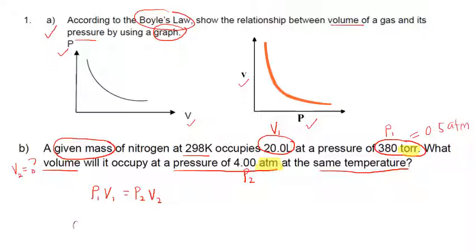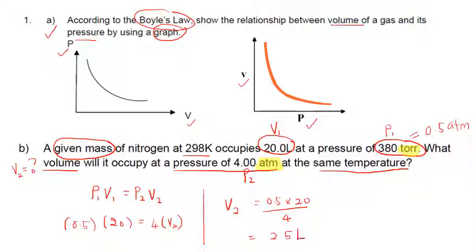So P1 is 0.5 atm, volume is 20, equal to pressure 4, and then V2 is the one that we are going to determine. Pressing the calculator, we will notice 0.5 times 20 over 4. So 10 divided by 4 will be 2.5 liters. So this is the final answer for question B.